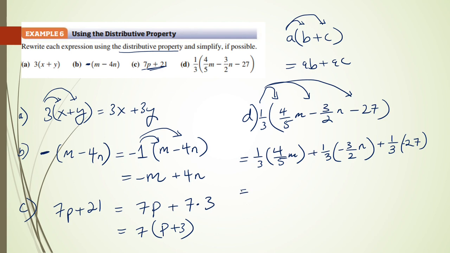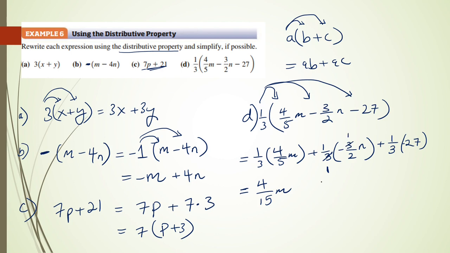Let's simplify this expression. I can't reduce the 3 or the 4 and the 1 and the 5. So let's just multiply straight across. This becomes 4/15 m. 1/3 times negative 3 over 2. I can reduce the 3 into a 1, and then this 3 also reduces to a 1.